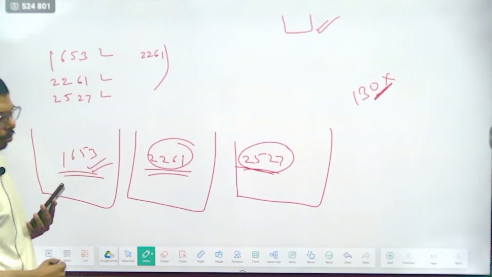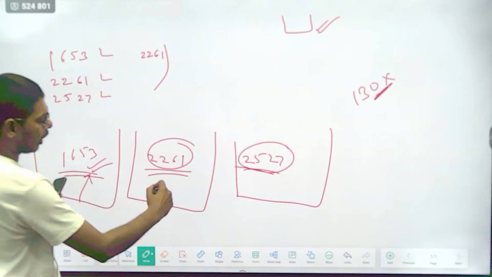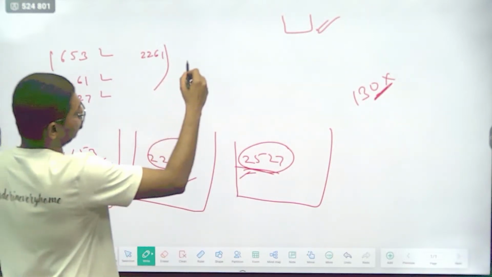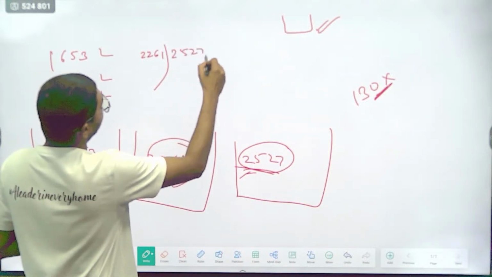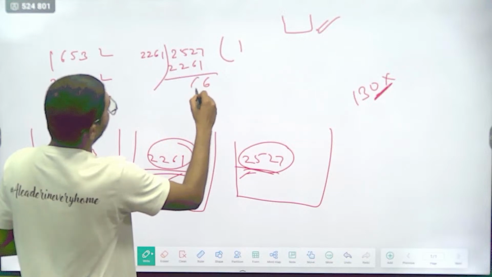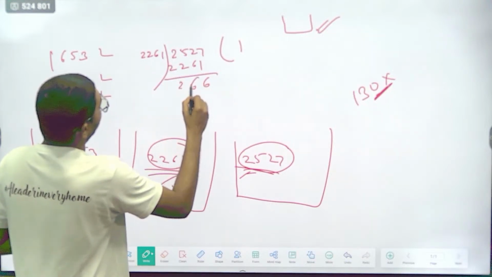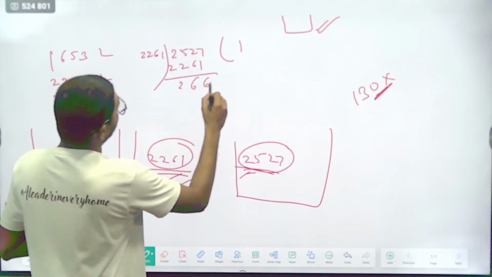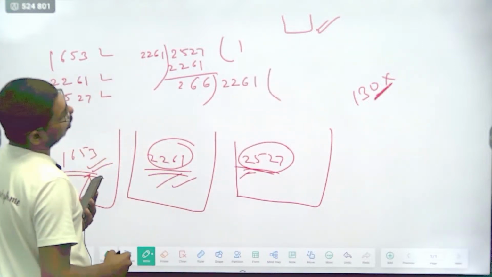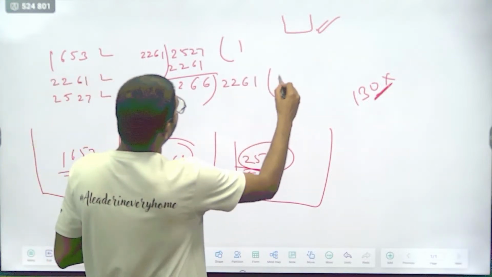Don't take this number; take the greatest of the two numbers, 2261 and 2527. 1 time 2261, the remainder is 266, and this is like 2. Now this one will become your divisor. 2261, I think it goes 8 times.